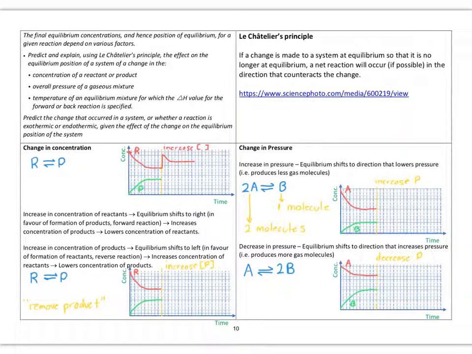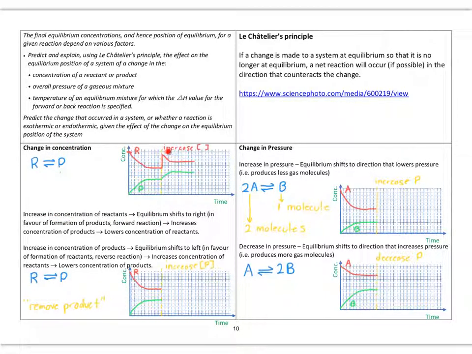Obviously, if we are losing more reactant, the reactant is decreasing. It's decreasing to make more product here, so the product will also increase. So what that basically says here: an increase in concentration of reactants, equilibrium shifts to the right in favour of the formation of products, i.e. we get more products.